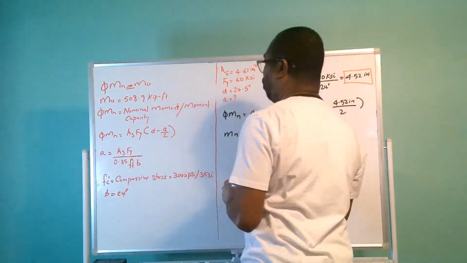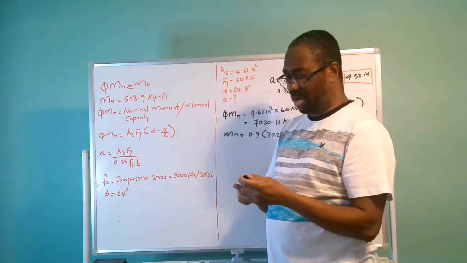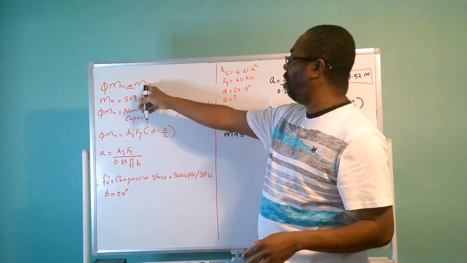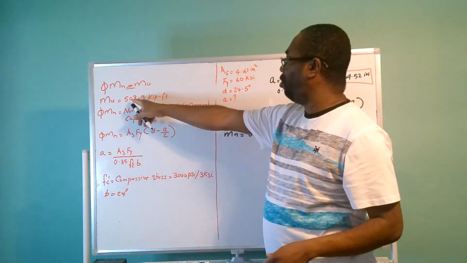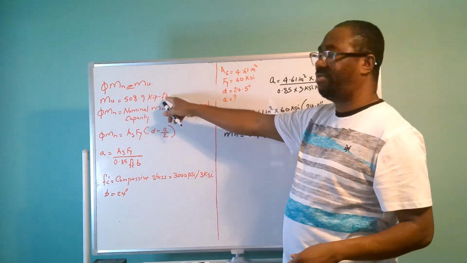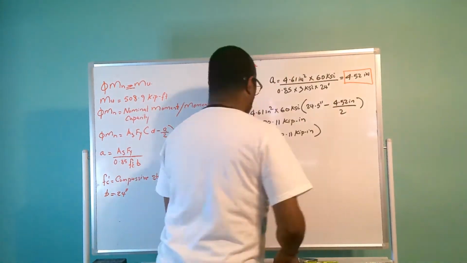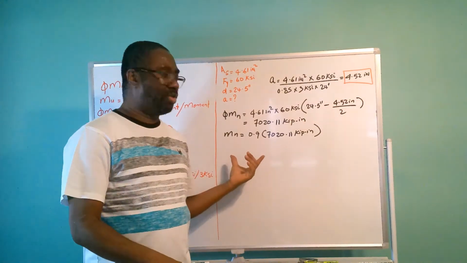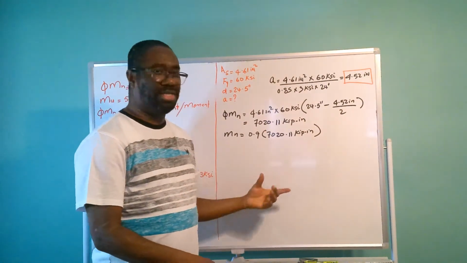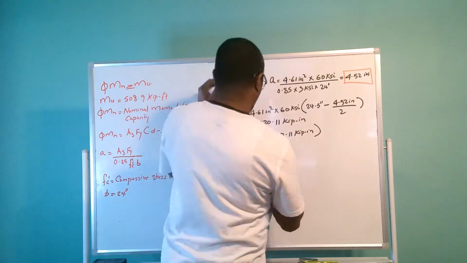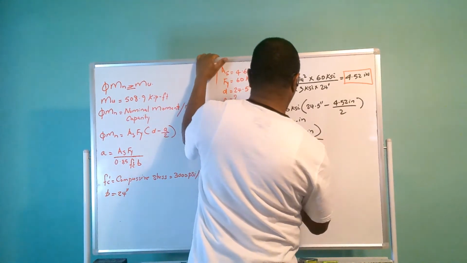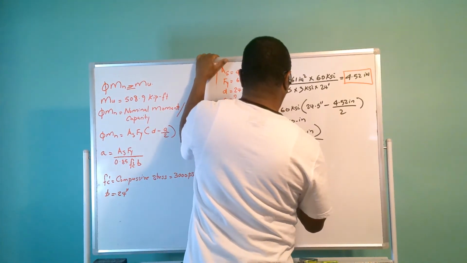But because we are matching our moment to our ultimate moment, which is given in kip-feet, to bring our moment to feet as well, because this is in kip-inches, we have to divide by 12 inches.